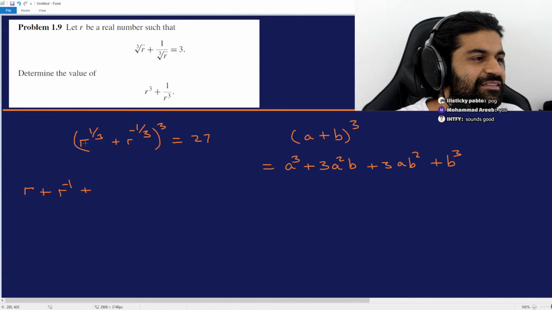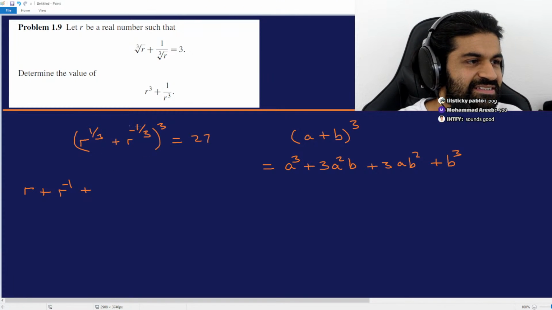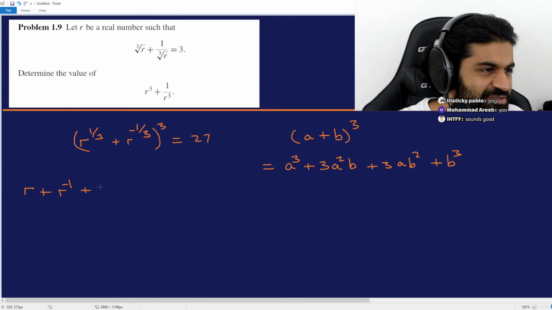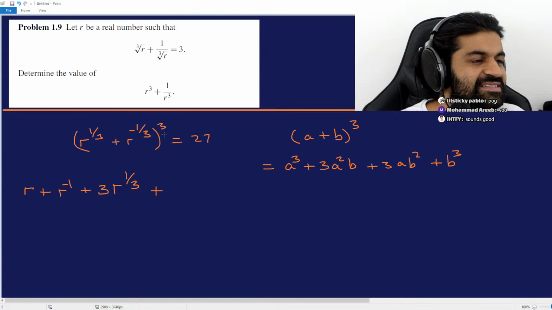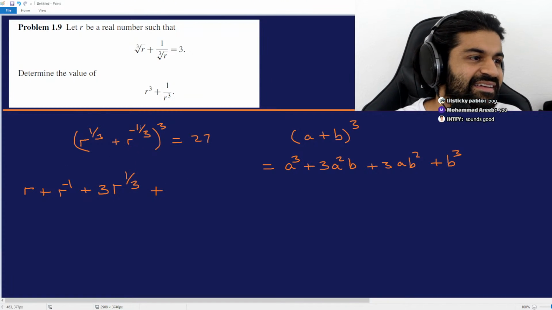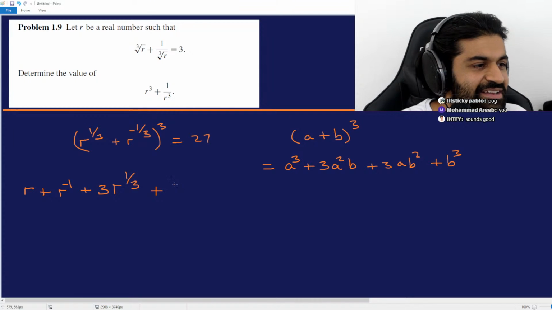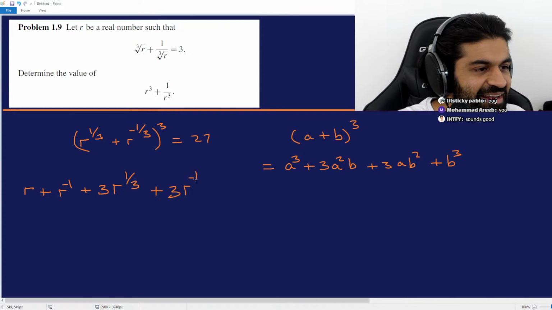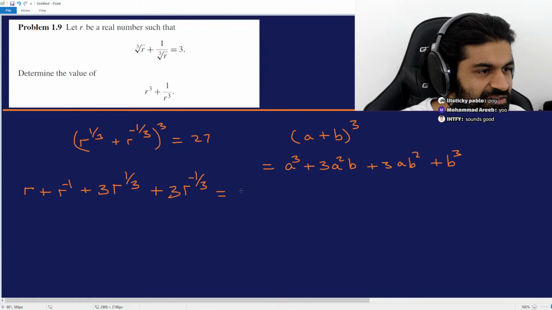it would be 3r to the 2/3 times r to the negative 1/3, which would just be 3r to the 1/3, plus 3r to the 1/3 times r to the negative 1/3 squared, right? So this would be 3r to the negative 1/3, which is equal to 27.